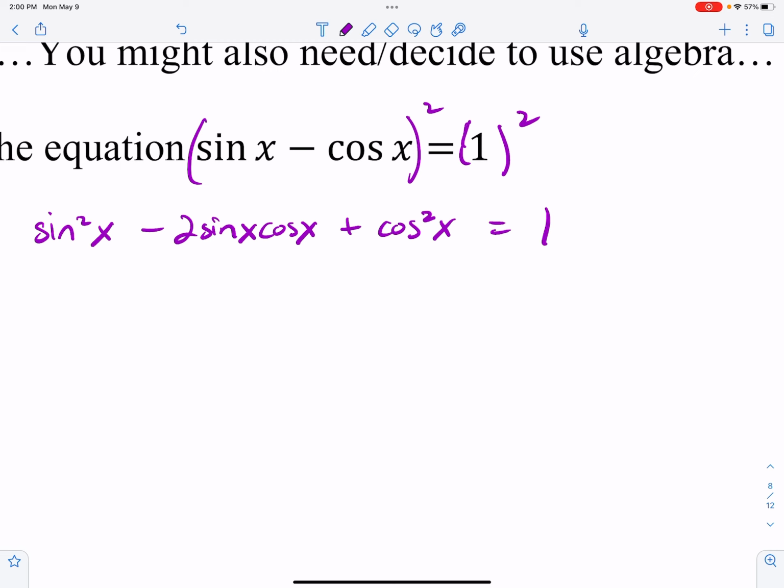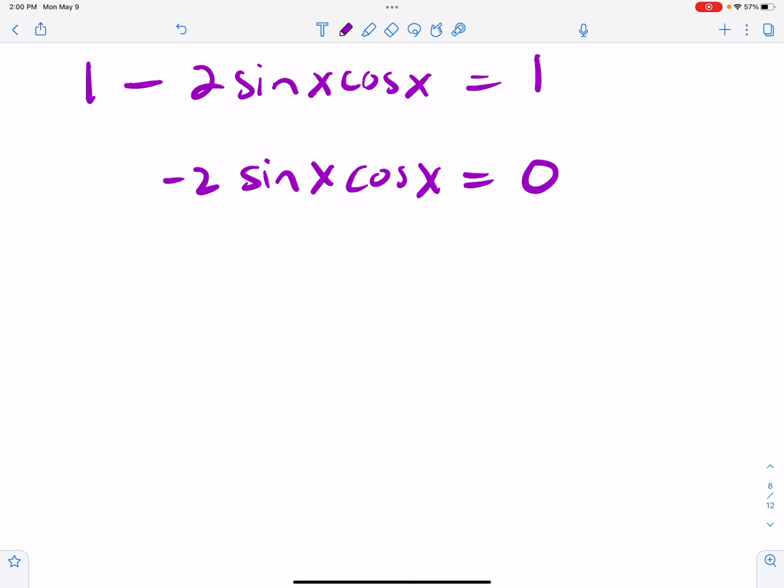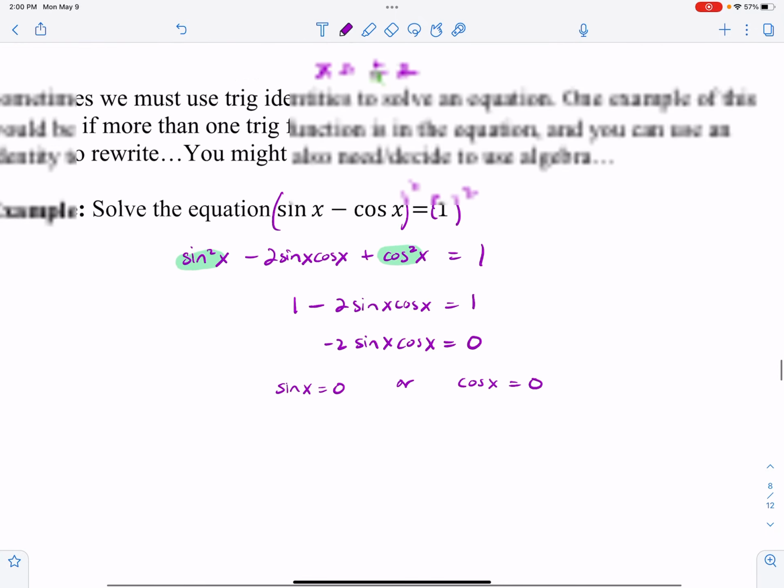Well, if you recognize then that sine squared plus cosine squared is equal to 1, and then if we were to subtract 1 on both sides of the equation, well, now that we have 0 on one side of the equation and just a product on the other side, we could go, okay, well, sine of x is equal to 0 or cosine of x is equal to 0, and solve each of those equations.